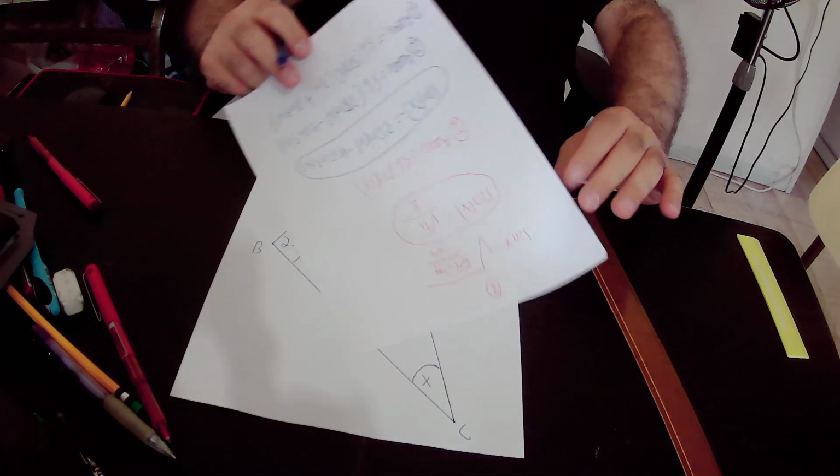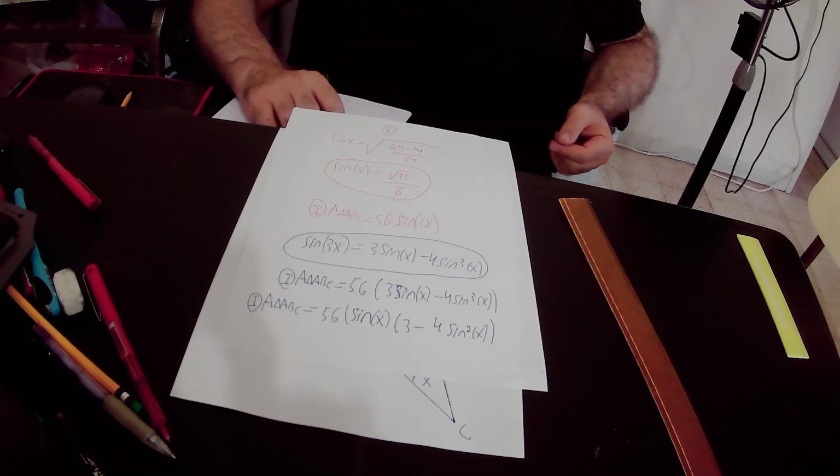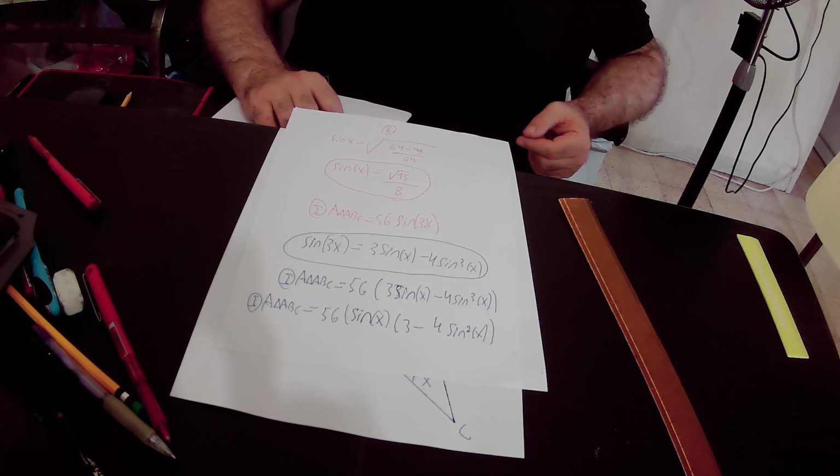So in total, the area of triangle ABC equals 56 sine x times the brackets 3 minus 4 sine squared x.